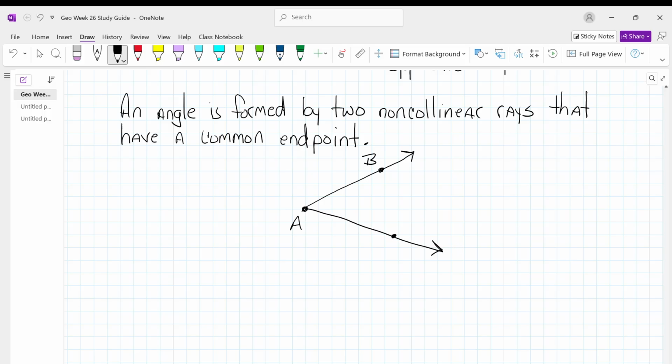Put point C on there. We just created an angle. Point A right here, that's called the vertex. Point A is the vertex of the angle.